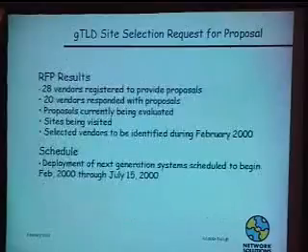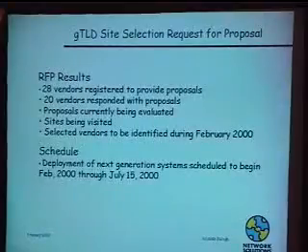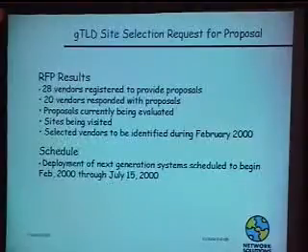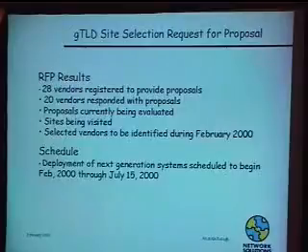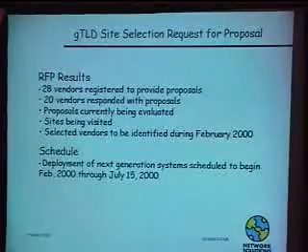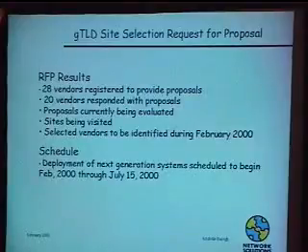Of the 80 requests for proposals that we distributed, 28 vendors registered to provide a response, and 20 actually did respond. Right now, we're currently in the last stages of evaluating those proposals. We've done some site visits, and we'll do a couple more. And before the end of this month, we'll actually put out the list of selected vendors.